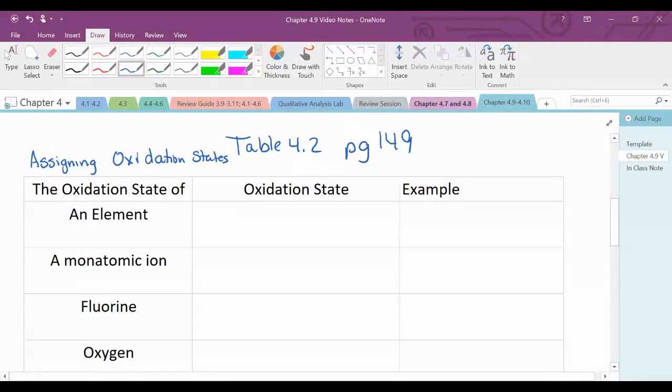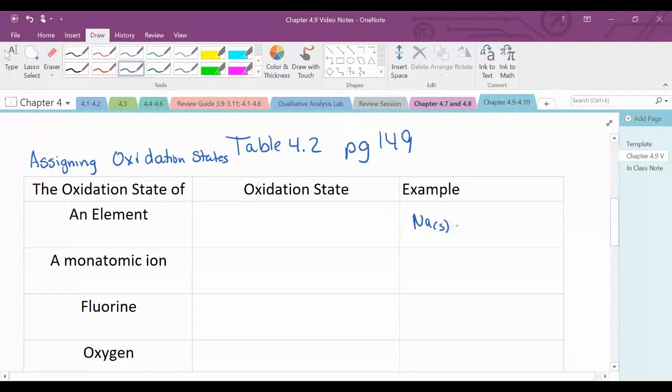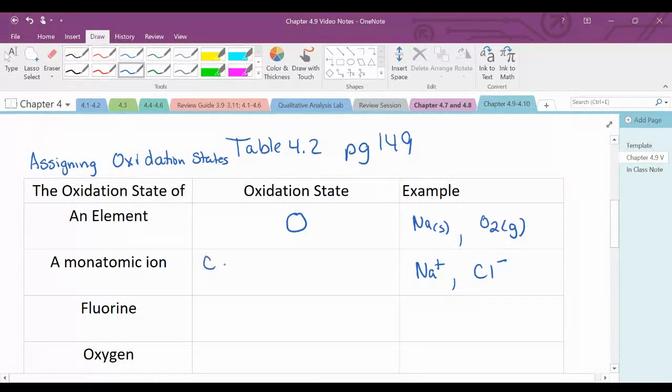So if you just have an element, say for example like solid sodium or oxygen gas, the oxidation state is 0. If you have a monatomic ion such as sodium or chlorine, the oxidation state is the charge of the ion.